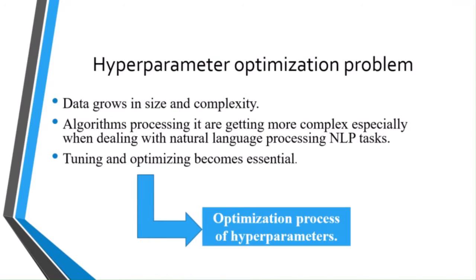So, in the hyperparameter optimization problem, what is this? As data grows in size and complexity, algorithms processing it are getting more complex, especially when dealing with natural language processing in NLP tasks. A major component of this complexity stems from the optimization process of hyperparameters.